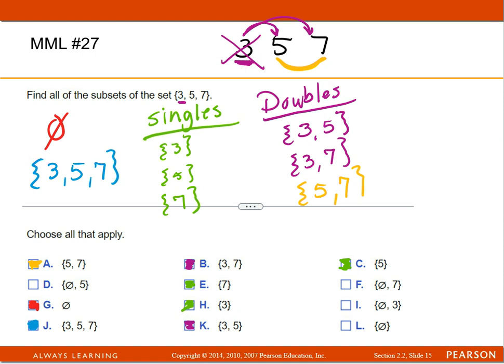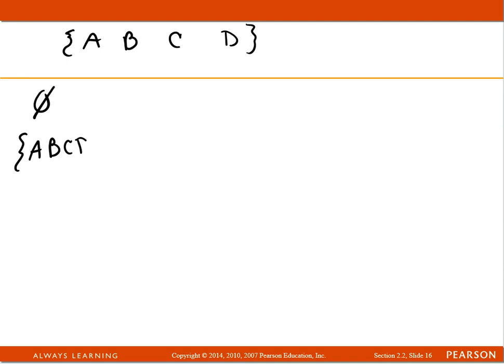Now, had there been one more element, just for fun, I'm going to make up my own here. Let's say you had the set of A, B, C, and D. The subsets would be the empty set and the set itself, A, B, C, D. For time, I'm going to leave out the commas.